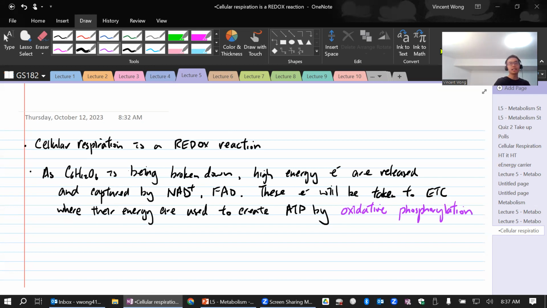Remember, a majority of the ATPs are produced using oxidative phosphorylation.